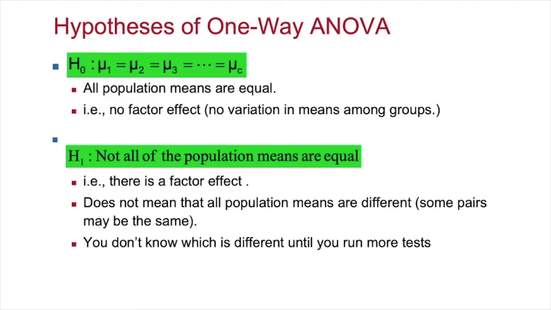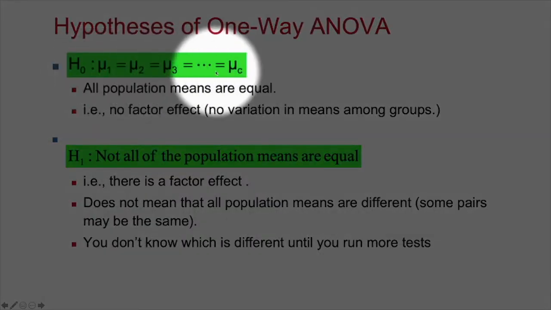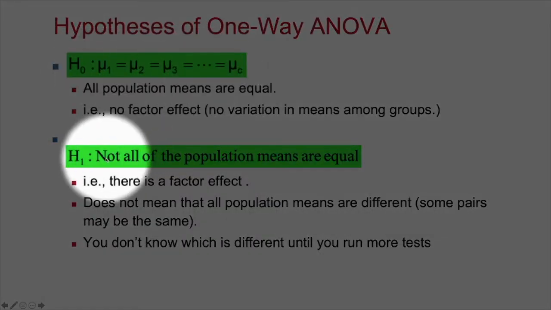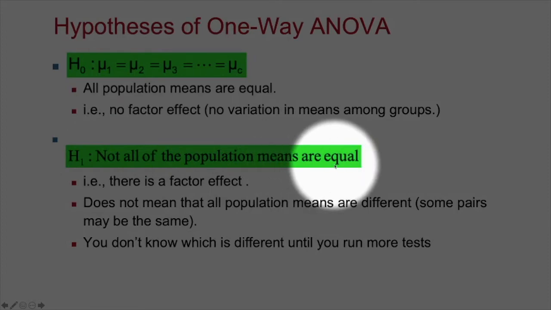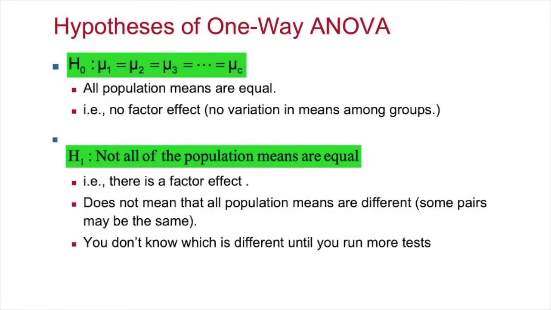Now, what is our H1? Well, remember, H1 is always the mathematical opposite of H0. Now, what is the mathematical opposite of all of the mu's are equal? Well, it's simply not all of the mu's are equal. And if they are not equal, what does that mean? That means there is a factor effect.